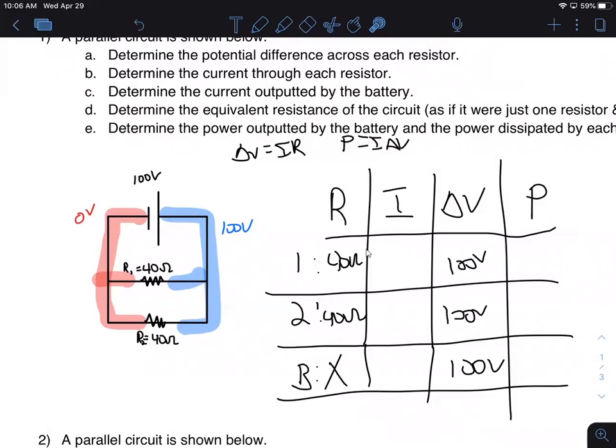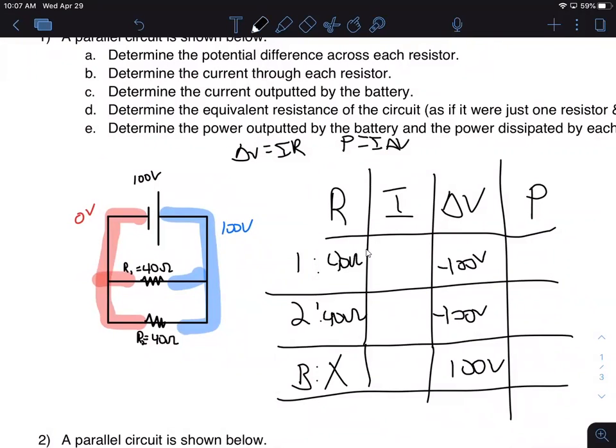All right. Note that these don't need to all add up in a parallel circuit because an electron is not going to go across both of these resistors. It's just going to go across one of them as it travels through this circuit. Okay.